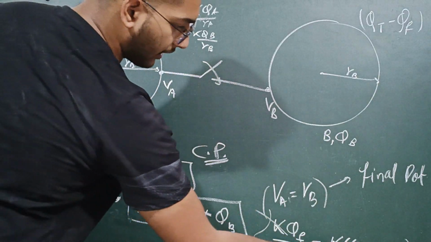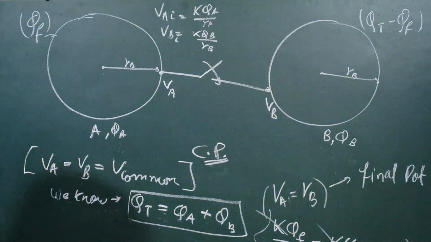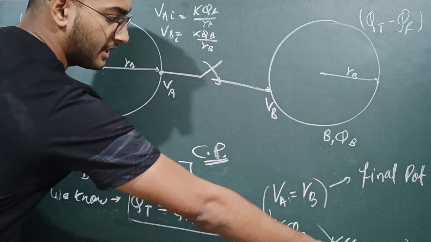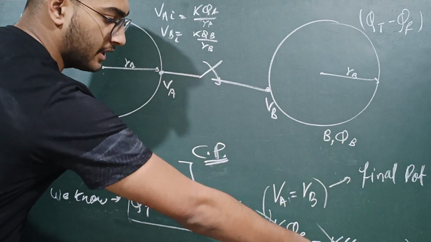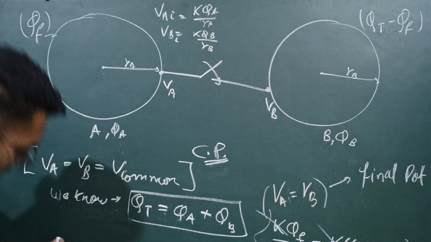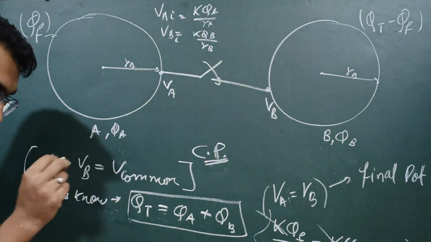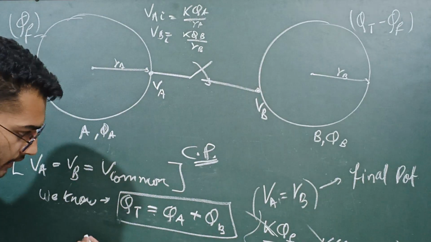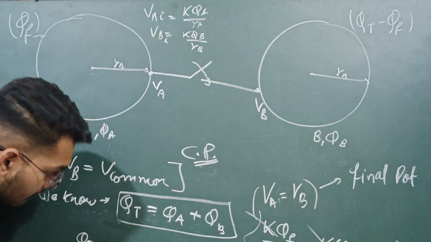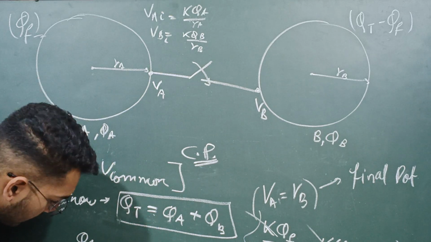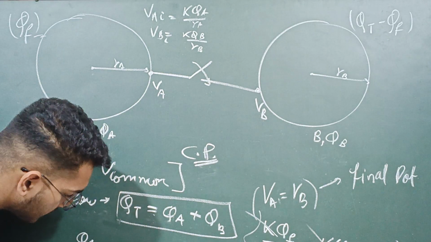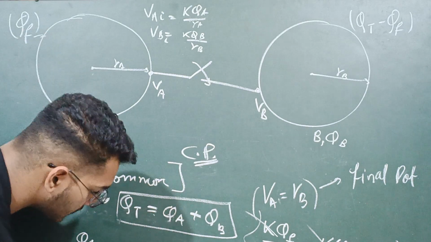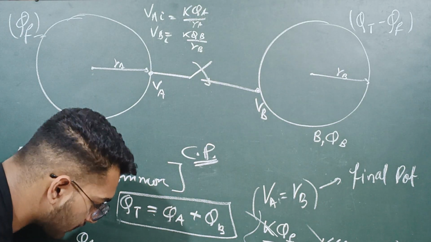So K are the same, these are just constants. So we are just left with QT by RB and minus QF by RB. I will bring that here and write it here. Just try to write down whatever I'm explaining because you won't get it unless you do it. And so I'm writing it as Q final by RA plus Q final by RB equals QT by RB.